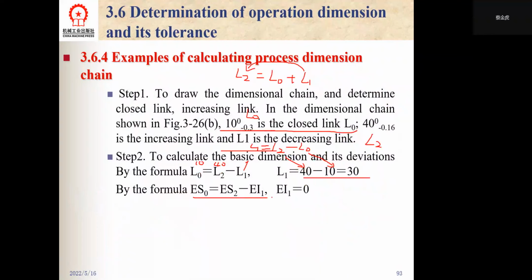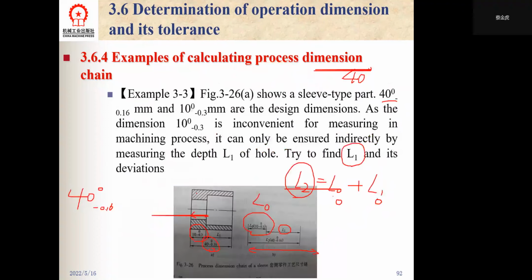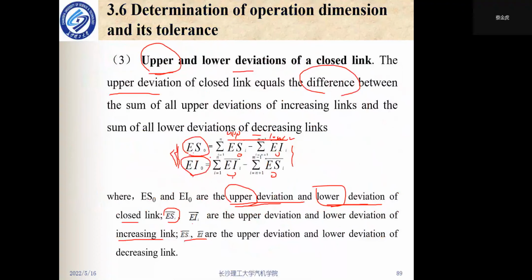Then the formula mentioned before. By the extreme value method, use this equation: the upper deviation of the closed link equals the difference between the sum of all upper deviations of the increasing links and the sum of all lower deviations of the decreasing links.